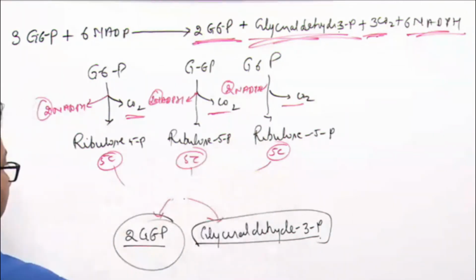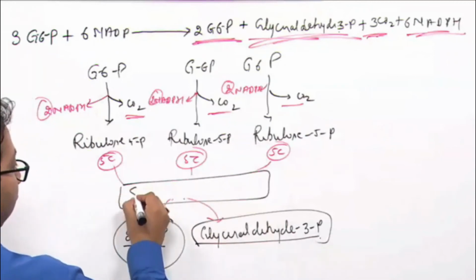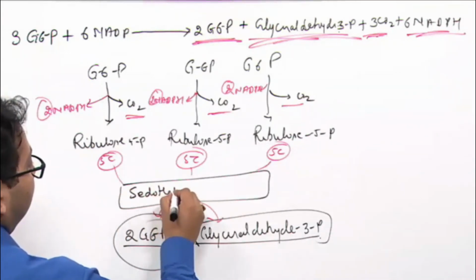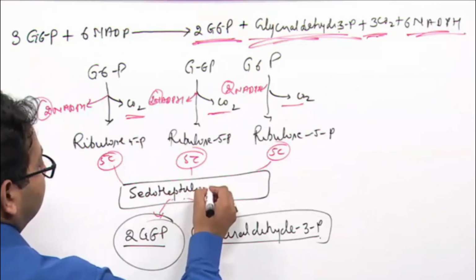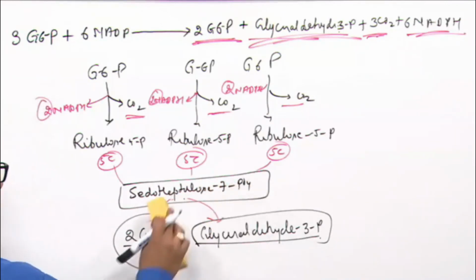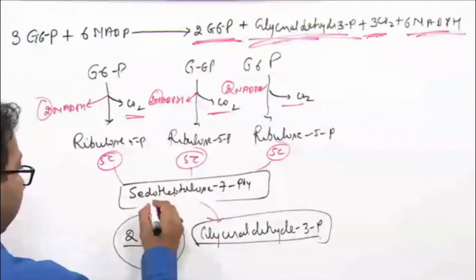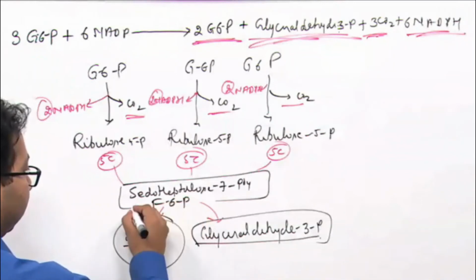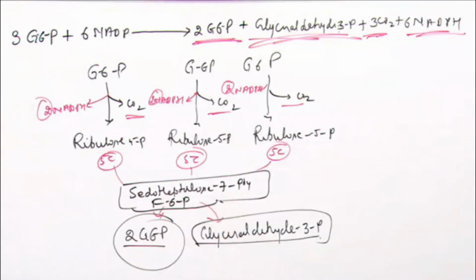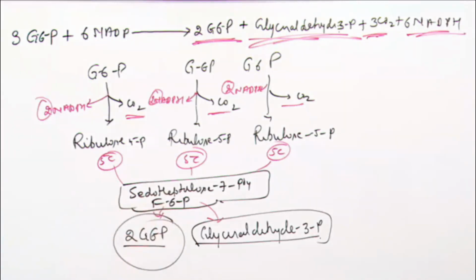I write intermediate product here: pseudoheptulose 7-phosphate, fructose 6-phosphate. In fact, so many intermediate products are there, but these are important ones on which questions are asked. Pseudoheptulose 7-phosphate intermediate product, fructose 6-phosphate intermediate product.